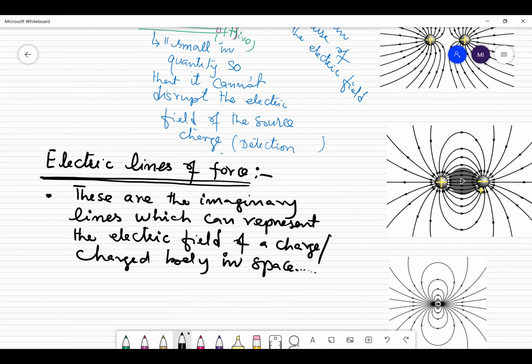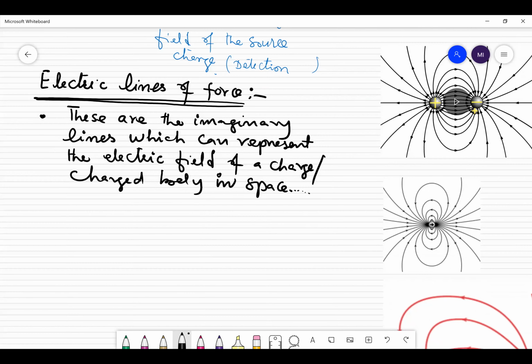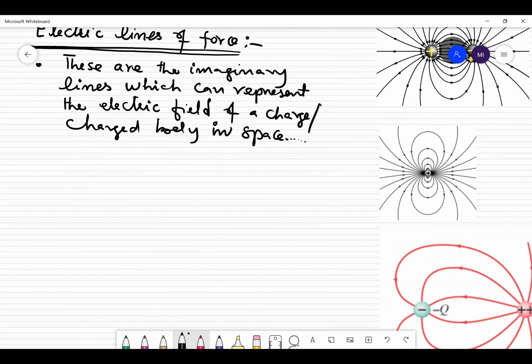So as you see here, for example, suppose this is a positive charged particle. The electric lines of force are the field lines. How can we draw them? First, these lines are drawn radially outward for the positive charge.